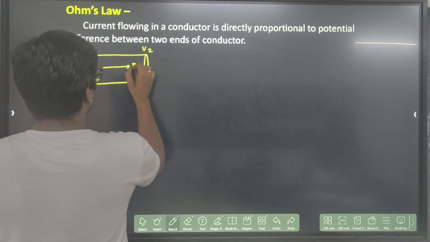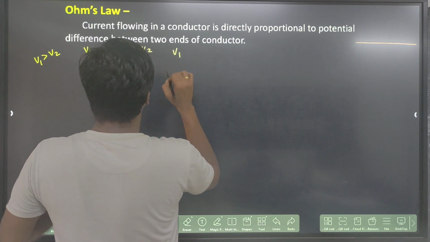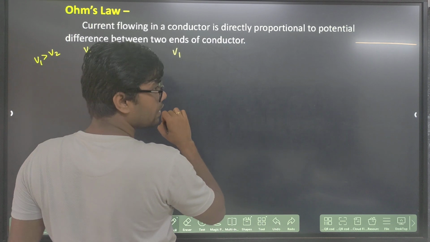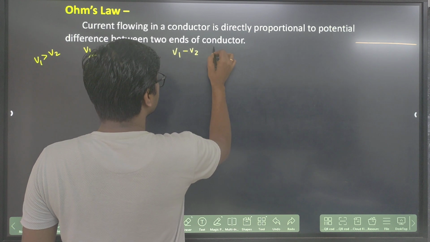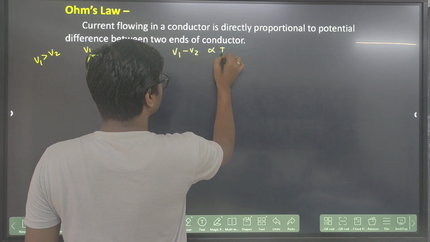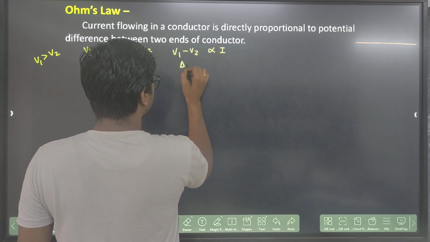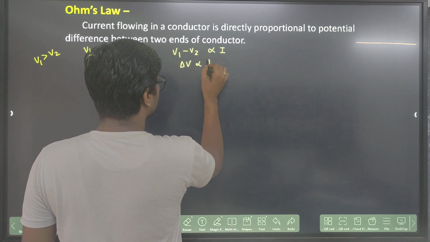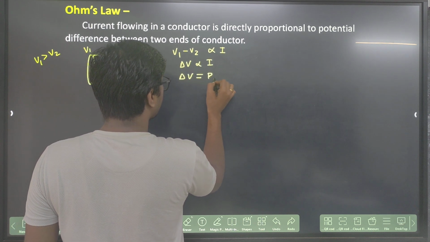Clear? So I can say that difference between the potential at two ends of the conductor, that is V1 minus V2, is proportional to the current flowing through that conductor. So I can write delta V is proportional to I. So delta V is equal to R I.